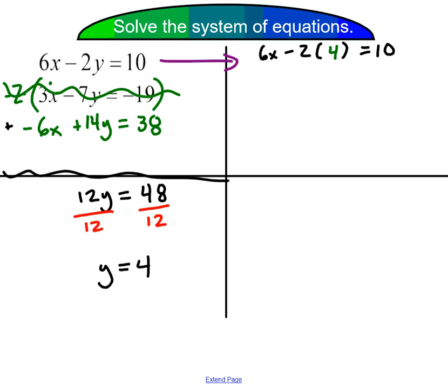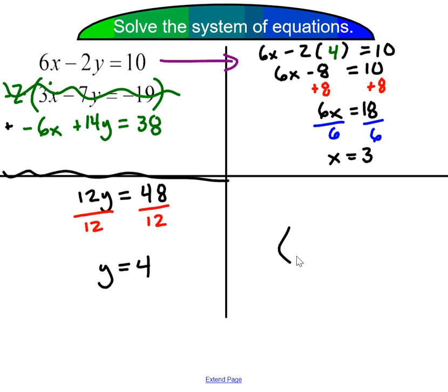So I get 6x minus 8 equals 10. I'm going to add 8 on both sides. So I get 6x equals 18. Divide both sides by 6. I get x equals 3. So my answer here is 3, 4.